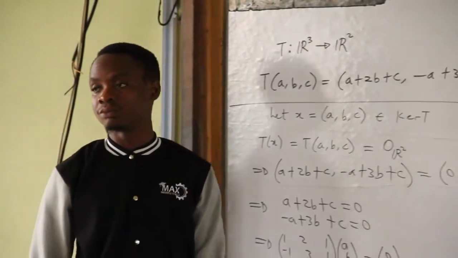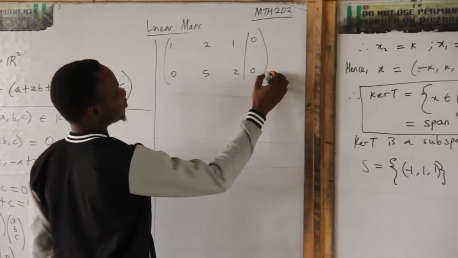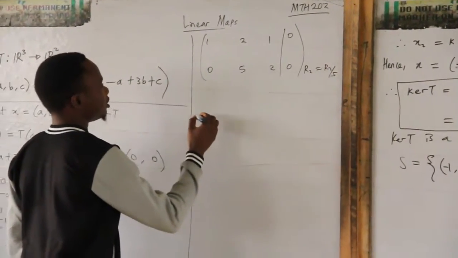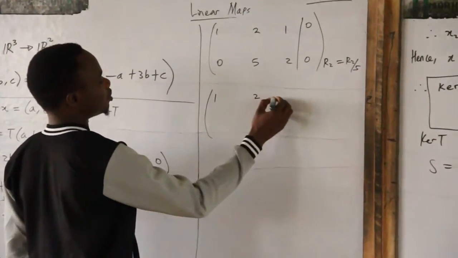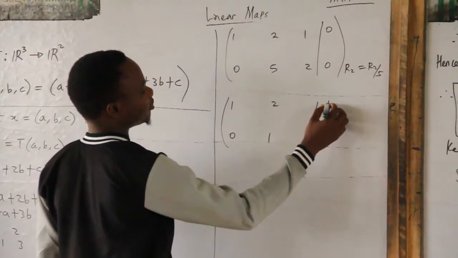What's the next thing to do? Reduce 5 to 1, so we divide by 5: R2 equals R2 upon 5. This gives us 1, 2, 1, and 0, 1, 2 over 5, 0.